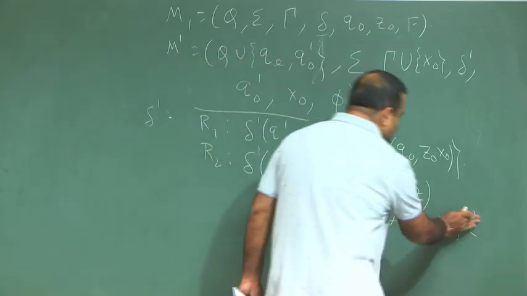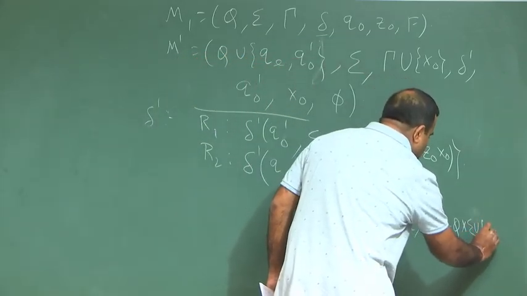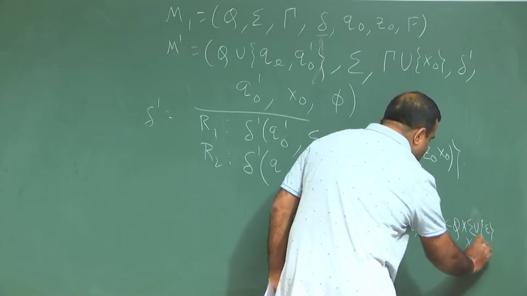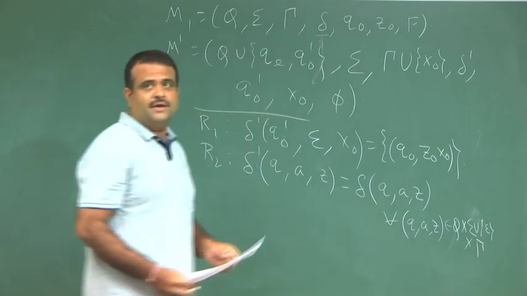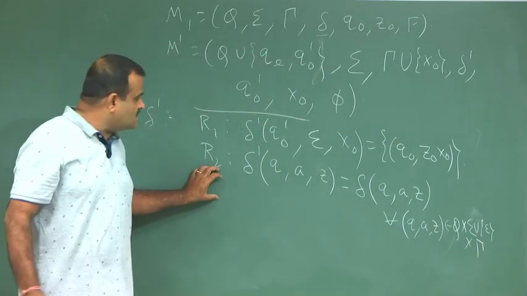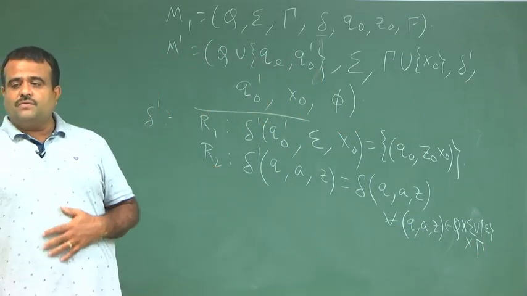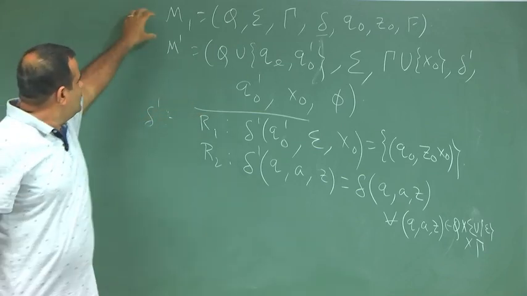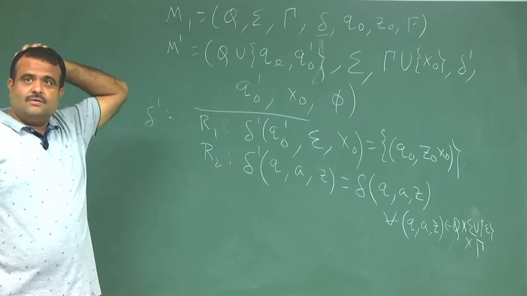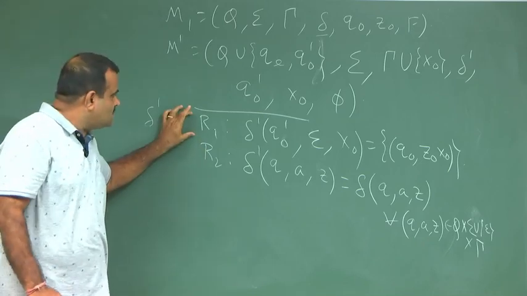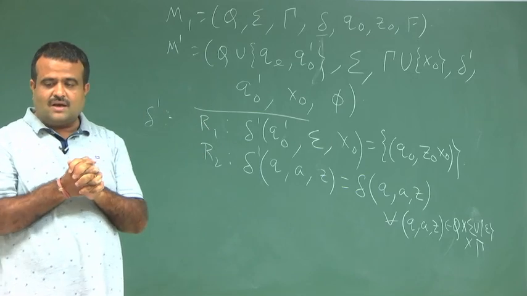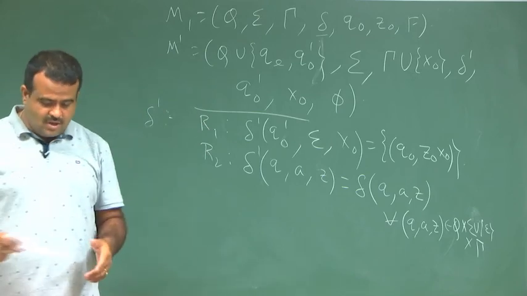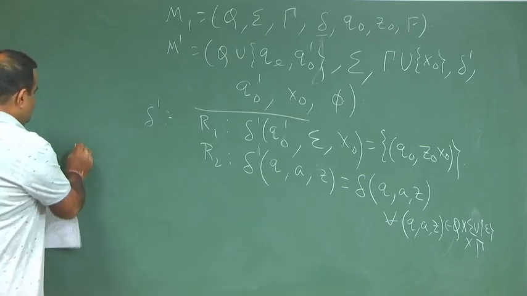Okay, not sigma star, since sigma star is a string. So, this is just the transition of the given PDA. We just convert this initial state to the given PDA. Now, we have the rules for the PDA, so that will continue.